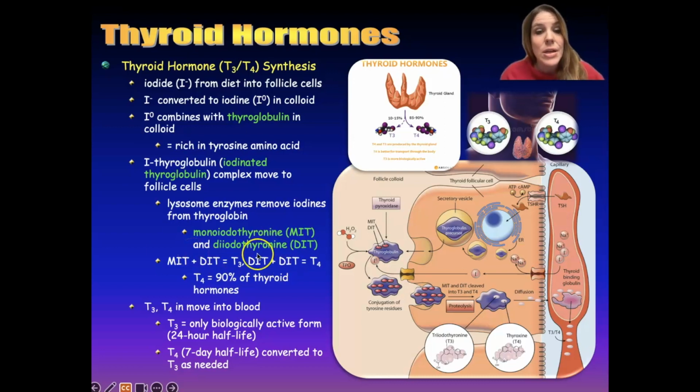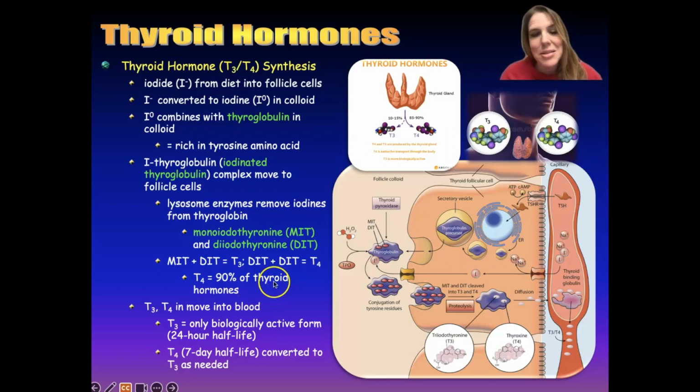The other scenario that can happen is right from the get-go, you're just producing DIT. And so DIT plus DIT, that means 2 iodines plus 2 more iodines, and they're both attached to tyrosine. 2 + 2 is 4. So now we get T4, the thyroxine, that's the one that has 4 iodines on it. And in fact, this latter route will happen about 90% of the time.